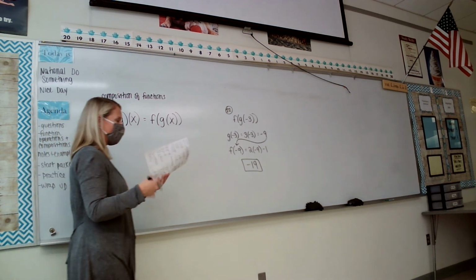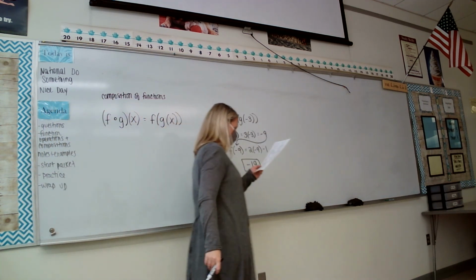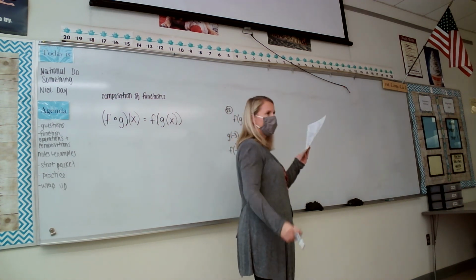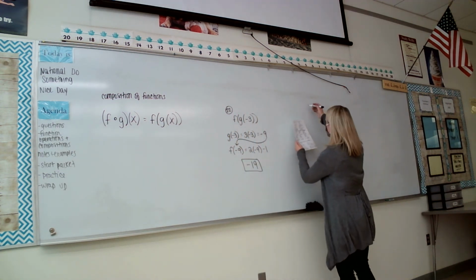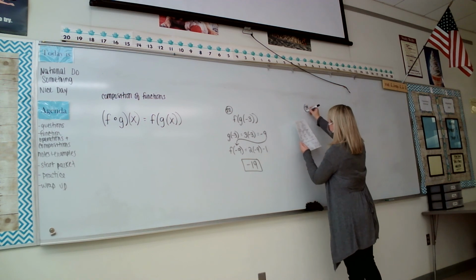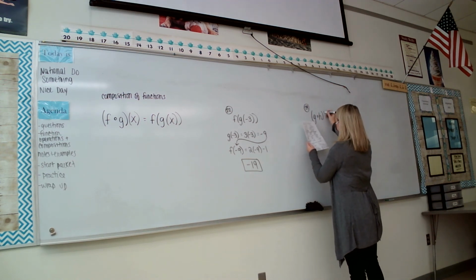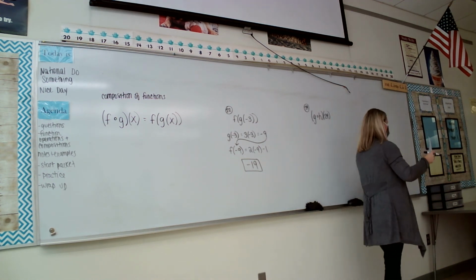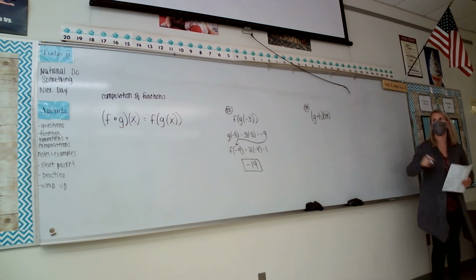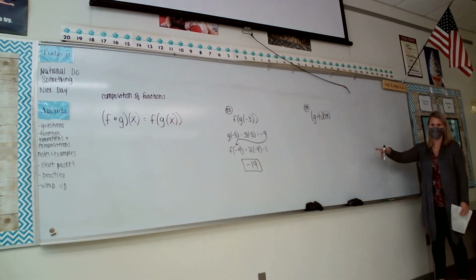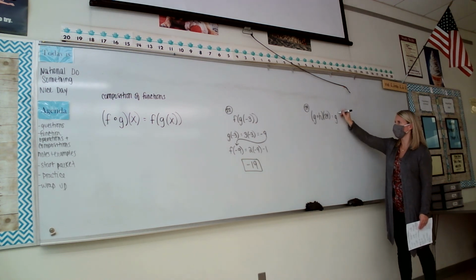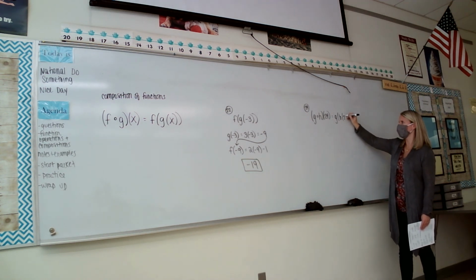Let's try one more, because then that'll interrupt us, so we'll be fine. Let's do 24. That will be our last one today, and then we'll work more with compositions tomorrow. If I was saying that out loud, I would say g of h of 24. I like to rewrite it like this: g of h of 24.